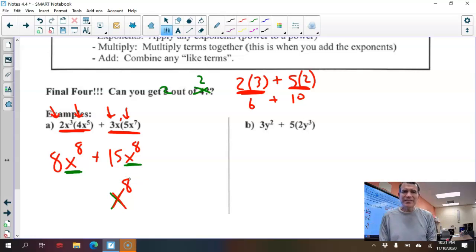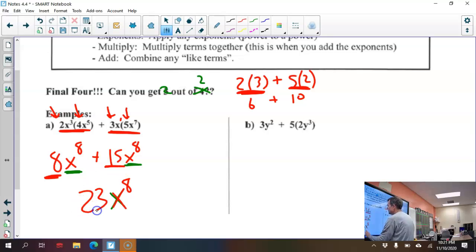When you add terms together, the variable and exponent do not change. And you just add the coefficients. 8 of these things plus 15 of these things gives me 23 of these things, these x to the 8ths. And we're done with that one. A reminder on how to add like terms together.